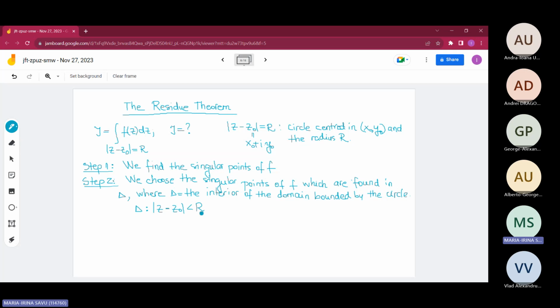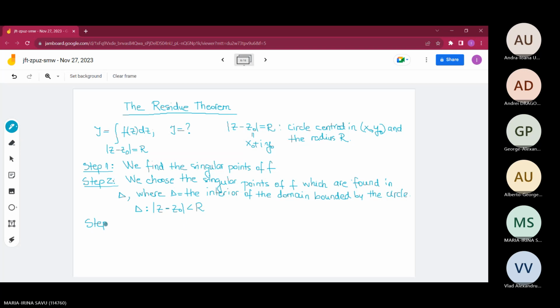This is the algebraic condition, but if you don't want to compute this modulus, you could draw this circle, and you could also represent the singular points of f, and from that picture you will be able to see if the points are or not in the domain delta.